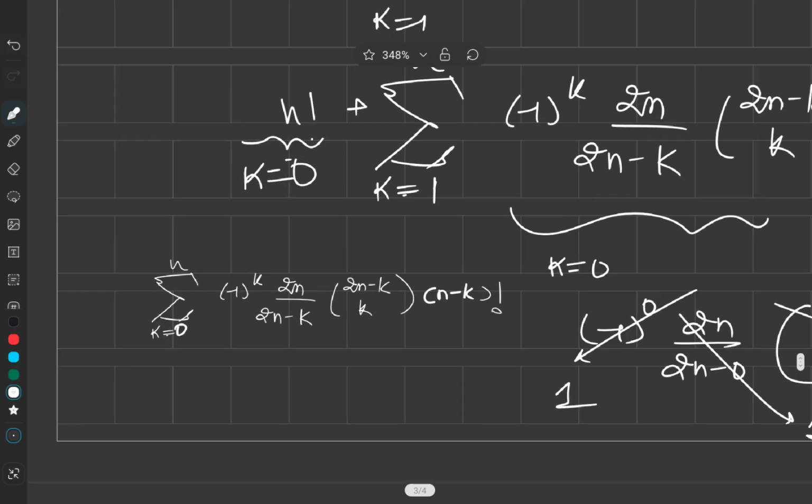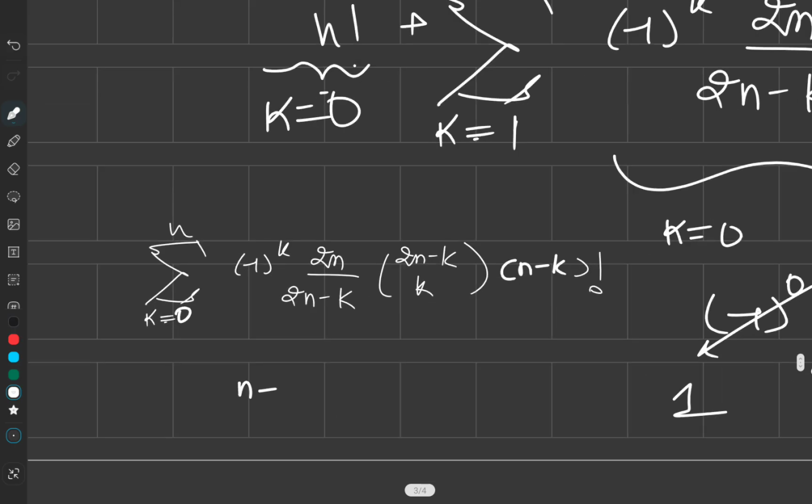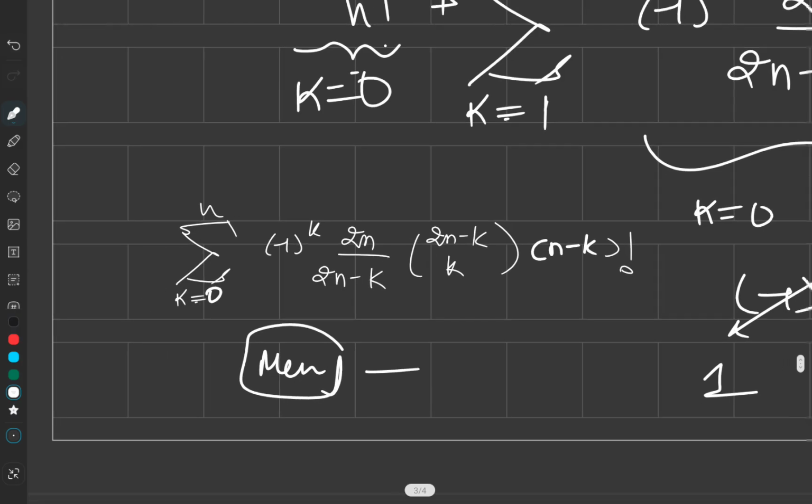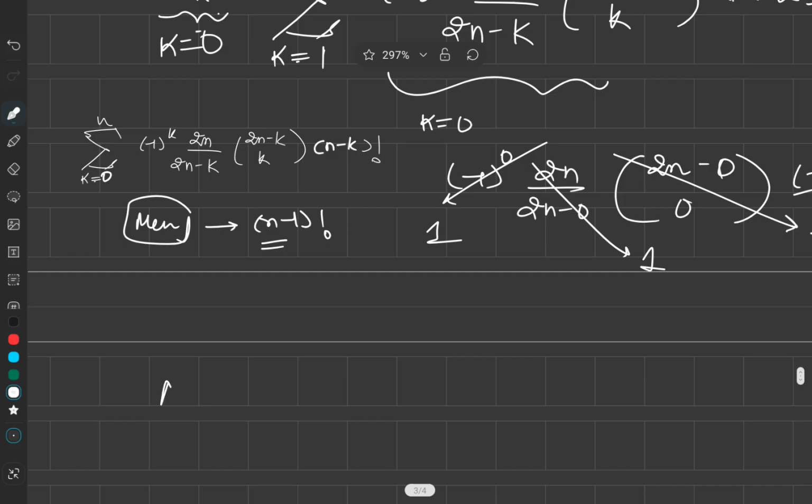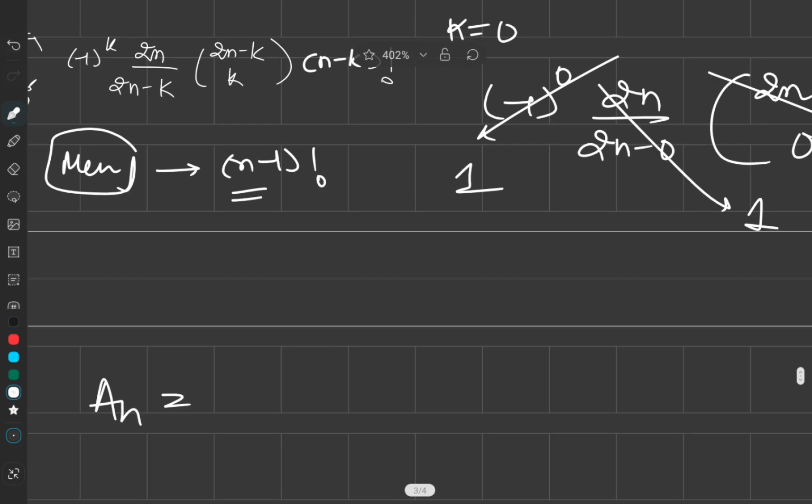Now we have to also consider the men arrangement which we skipped earlier, right? The men were in the circular permutation of n minus 1. So this gives us the final result.